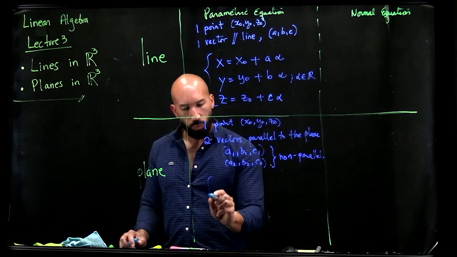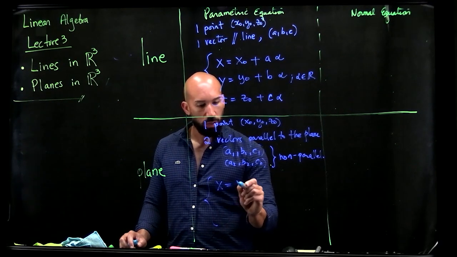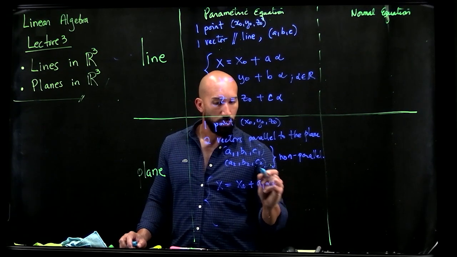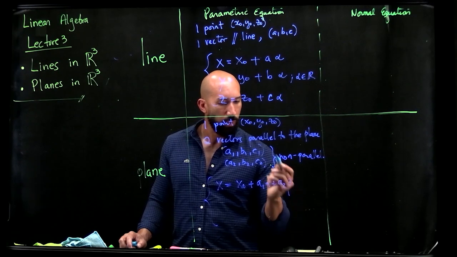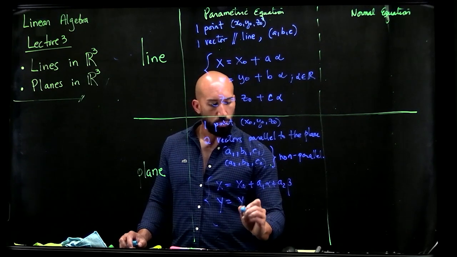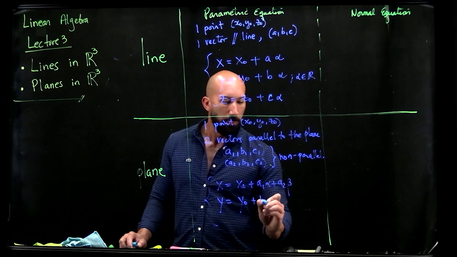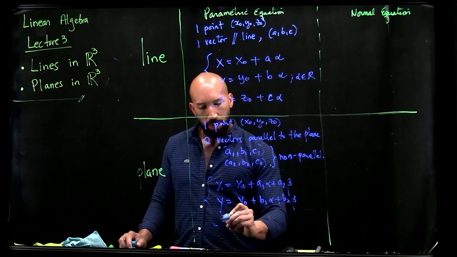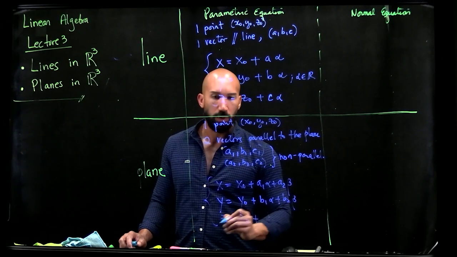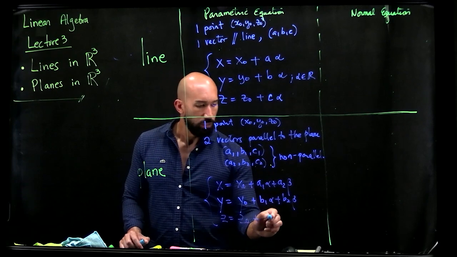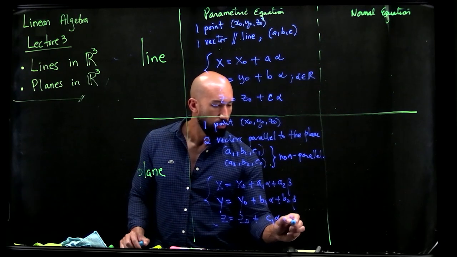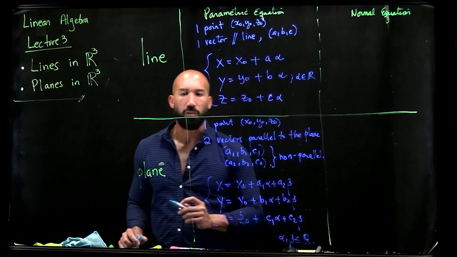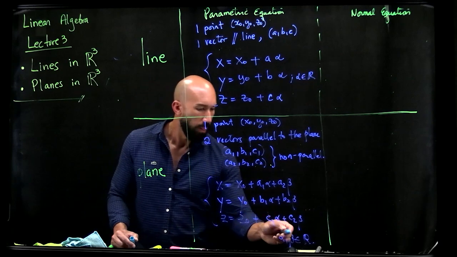And the parametric equation is going to be x equals x0 plus a1 alpha plus a2 beta, y is equal to y0 plus b1 alpha plus b2 beta, and z is equal to z0 plus c1 alpha plus c2 beta. Now alpha and beta are parameters here, are real, are scalars.